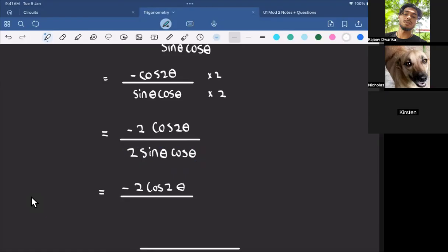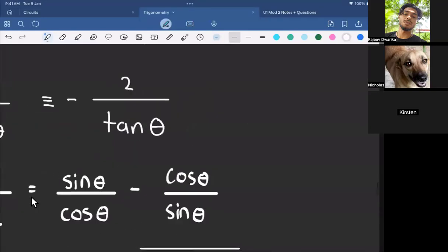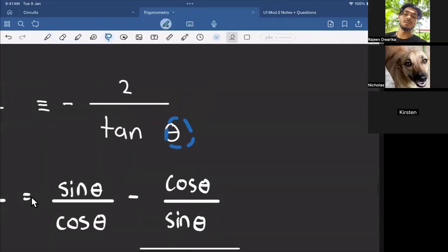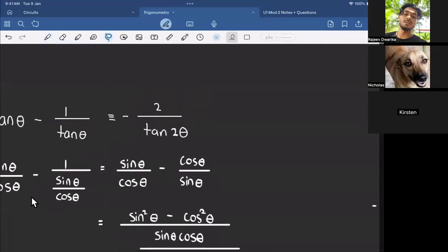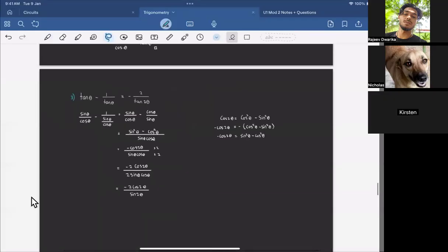I made a mistake in this. It's supposed to be tan 2 theta. Right. So let me see what to do next. We're trying to prove that that is equal to minus 2 over tan 2 theta. That's what we're trying to prove.